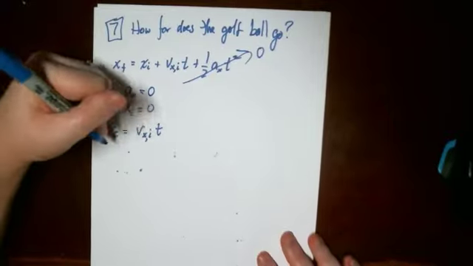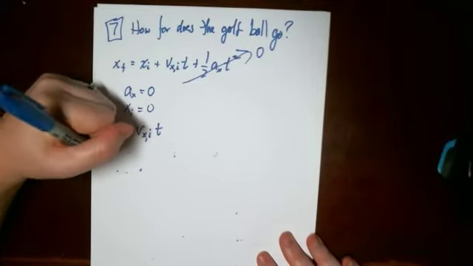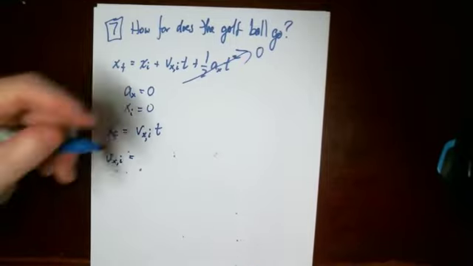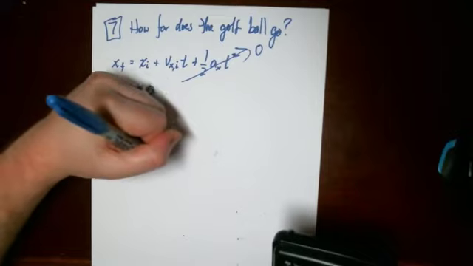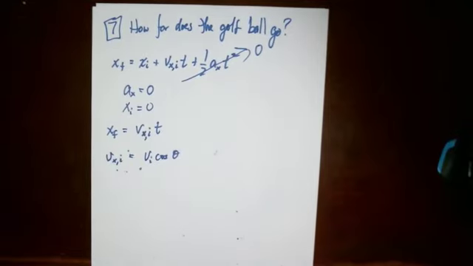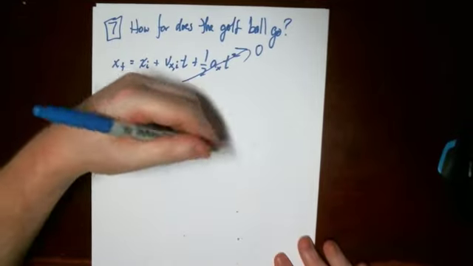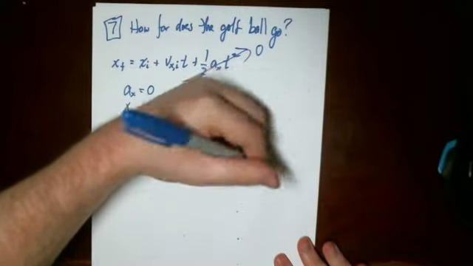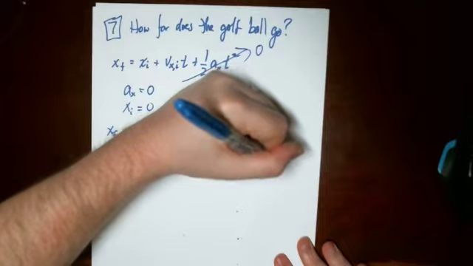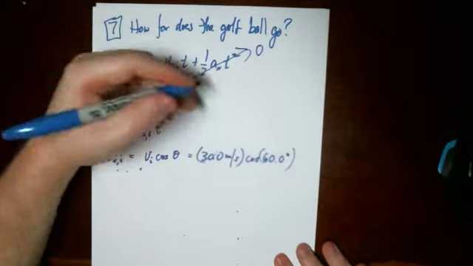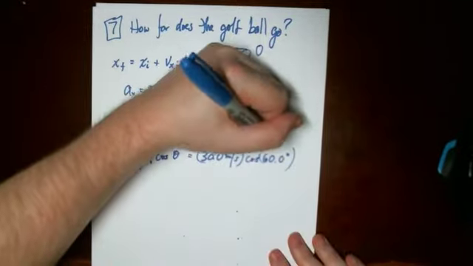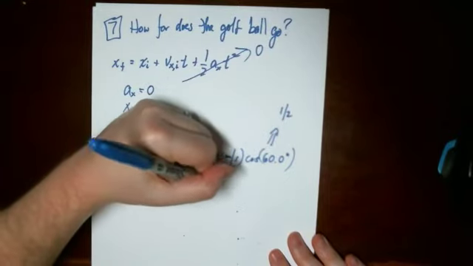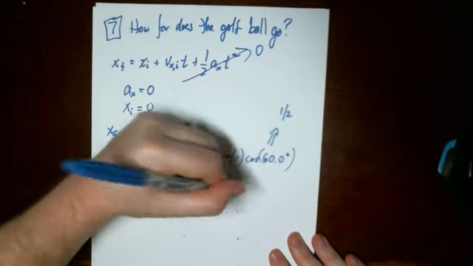We haven't found Vxi yet, but we can find it pretty easily. Vxi is going to be Vi cosine theta. In this case, Vi is 30 meters per second, and theta is 60 degrees. I just happen to know that the cosine of 60 degrees is 1/2, so that gives us that Vxi is 15 meters per second.